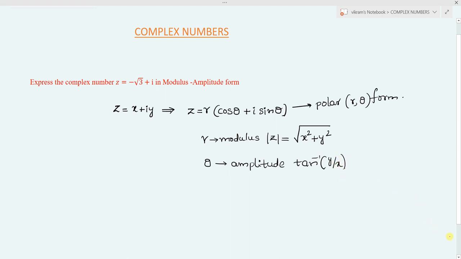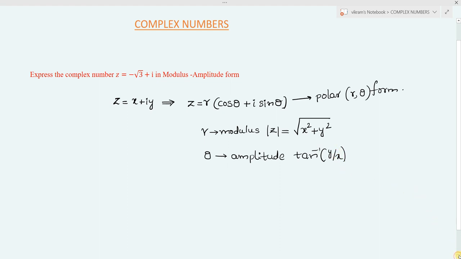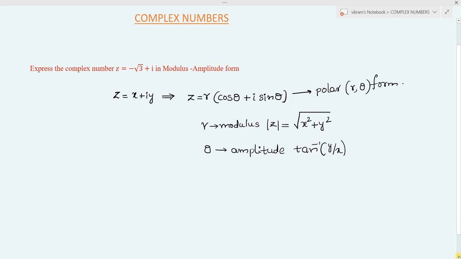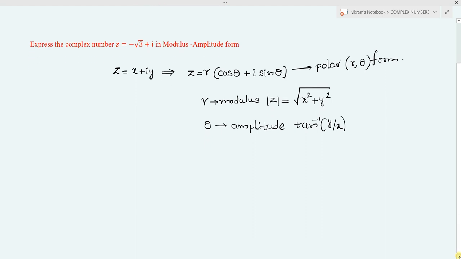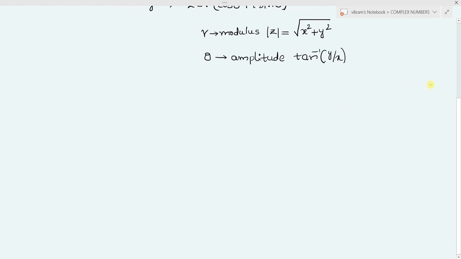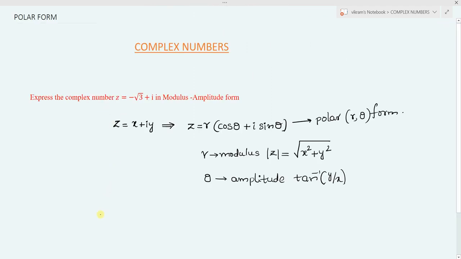Just go through the previous lectures on how to find the modulus of a complex number and how to find the argument or amplitude of a complex number in different quadrants. Now the question is: given z equals minus root 3 plus i, express this in the modulus amplitude form, that means z equals r times cos theta plus i sin theta.